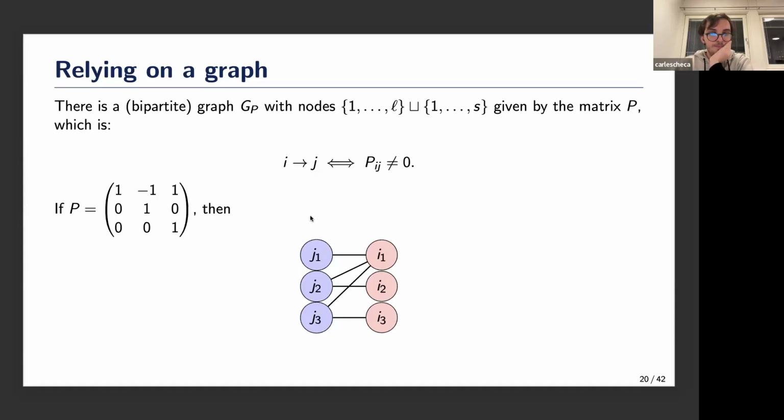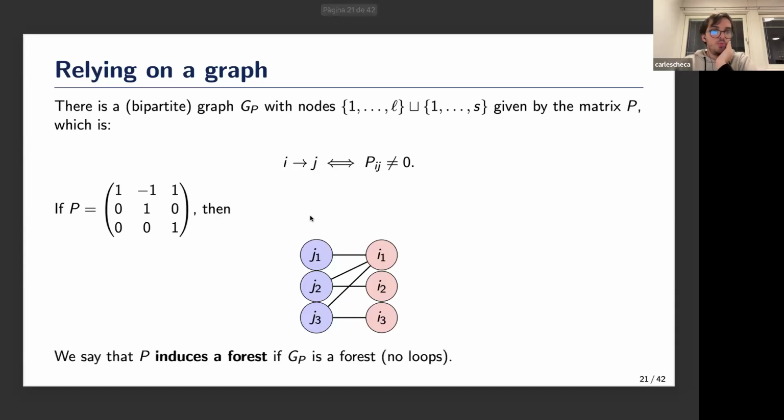And as I was saying before, the assumption that we will make is that P induces a forest, meaning that this graph is a forest. This means that the graph has no loops, all right? Each of the connected components is a tree. Therefore, this imposes high sparsity on the matrix P that we started with, right? But from now on, let's just make this assumption.